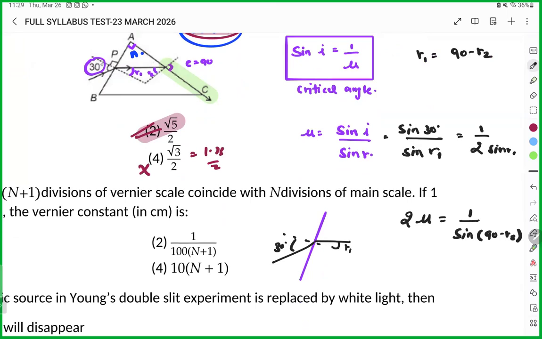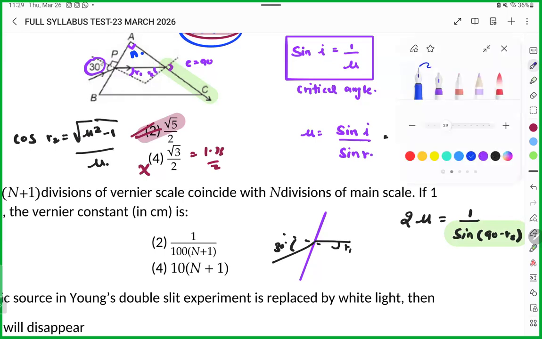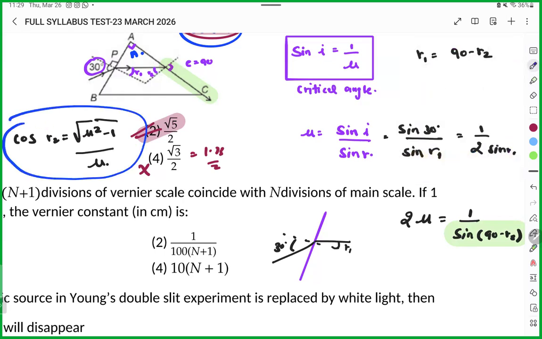Now you have to put the value of sine 90 minus theta, and it will be equal to cos R2. So cos R2 is equal to under root nu square minus 1 by nu. This is the formula for cos R2 value.